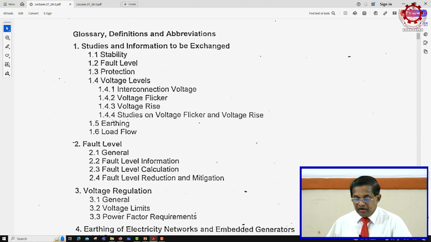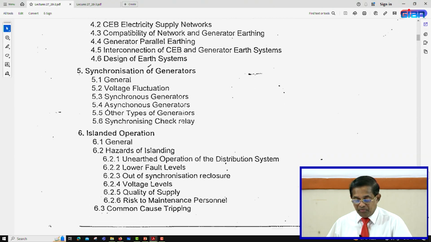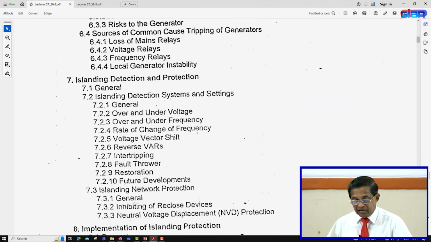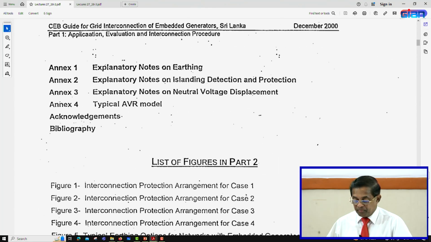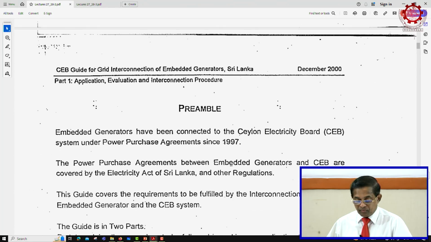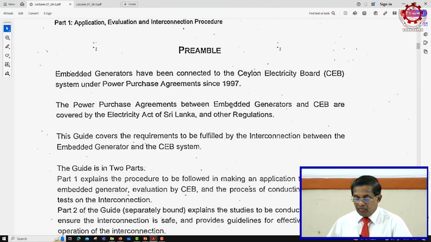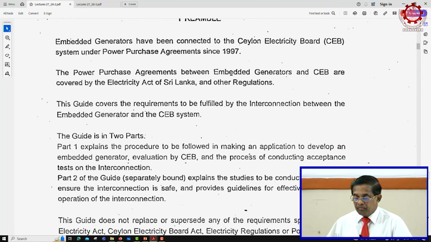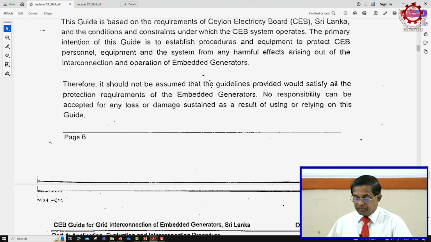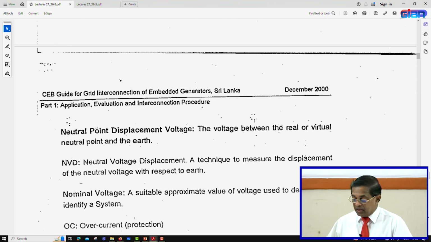There are general definitions, abbreviations and various preliminary information, which we will skip. It says embedded generators have been connected to the Ceylon Electricity Board system under power purchase agreements since 1997 and so on; it gives the background. Then it gives the definition of all the terms applicable.